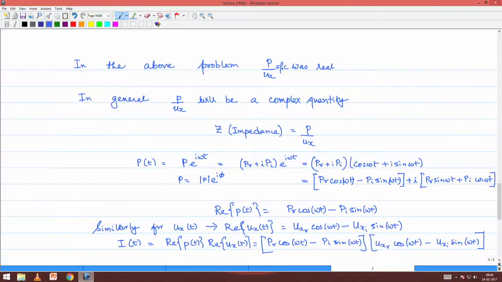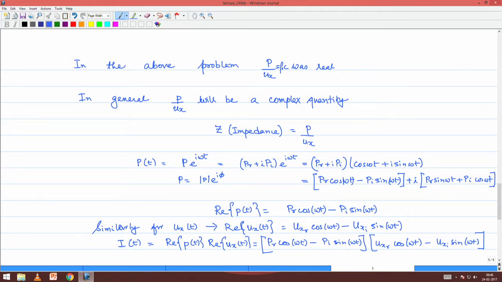It may be real, it may be imaginary, but definitely it has to be complex, right. So, we have taken a perfectly general approach here, where the ratio of these two quantities is complex, and the quantities themselves are complex, though we could have taken one of them to be real without loss of generality.